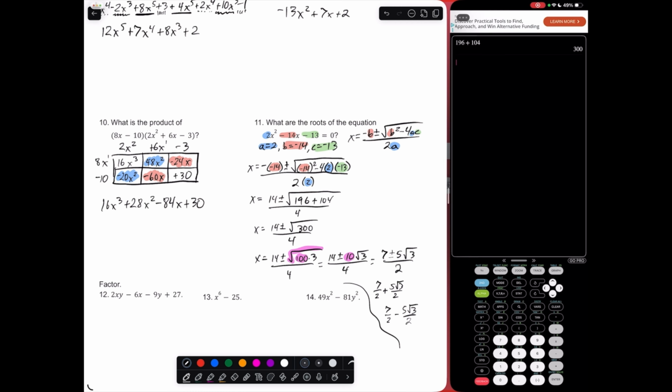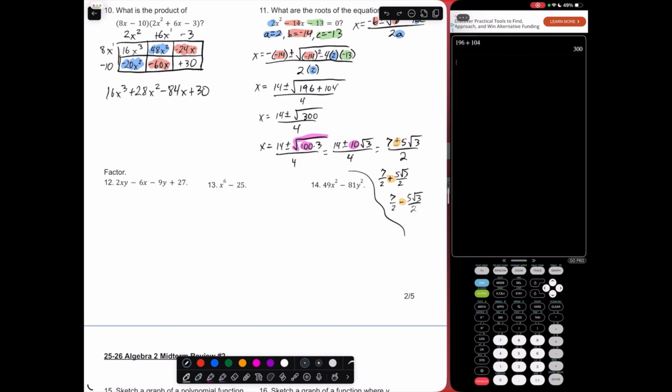So sometimes they ask you to write the solutions individually. That plus-minus means we should have one positive, one negative. The other thing to be careful of is that this 2 goes with the 7 and the 5 radical 3, so that's why we have it written twice. Just little details to keep in mind when you're solving problems like this.